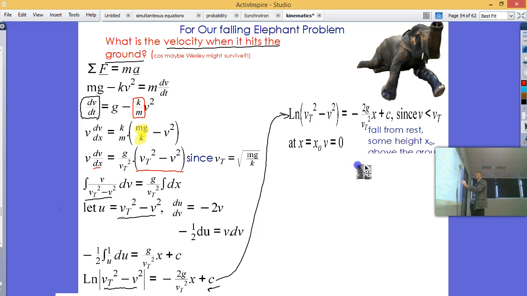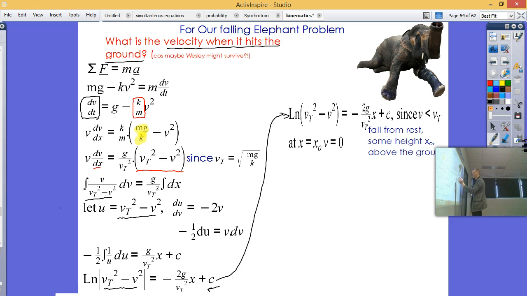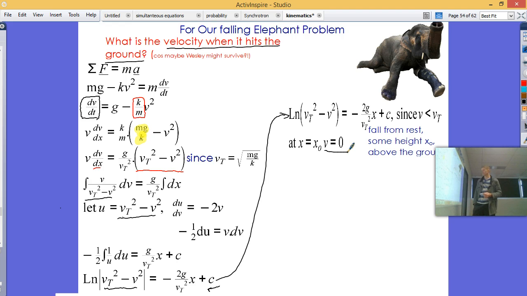Now, if I have the situation where Mr. Elephant is jumping out of a plane, perhaps, he's falling from some high position above the ground, from rest. So here are some conditions: when v is 0, meaning at some rest position, I've got some initial height.